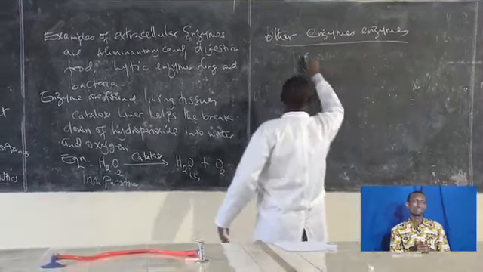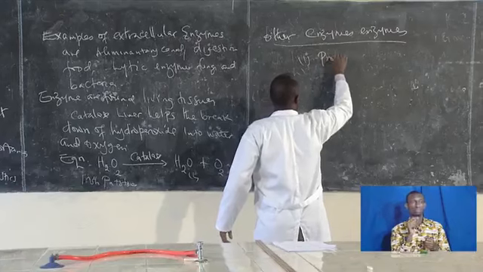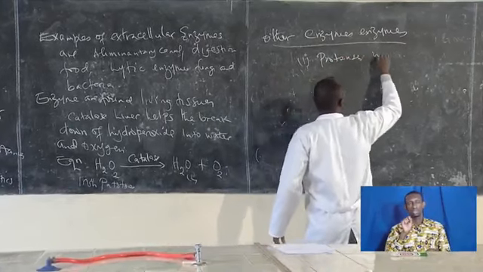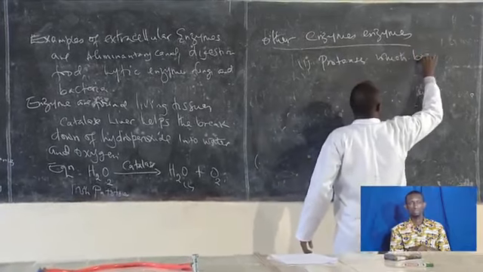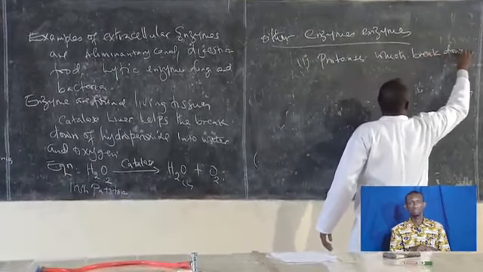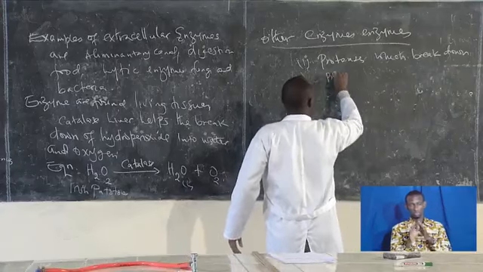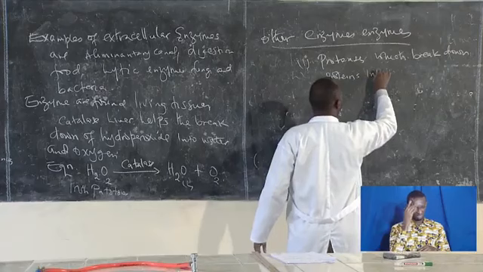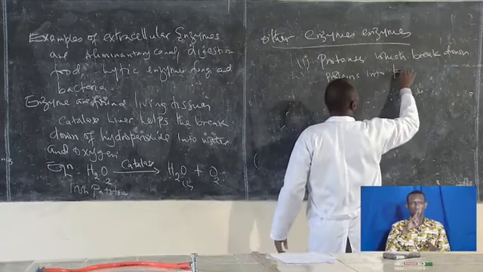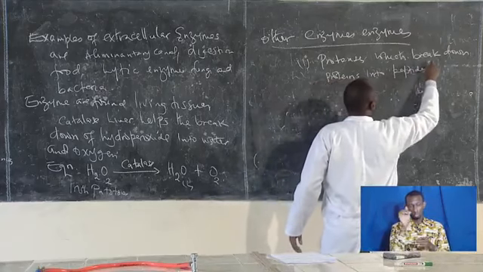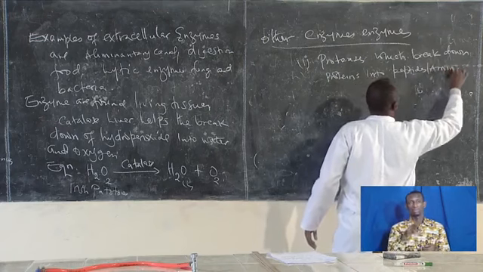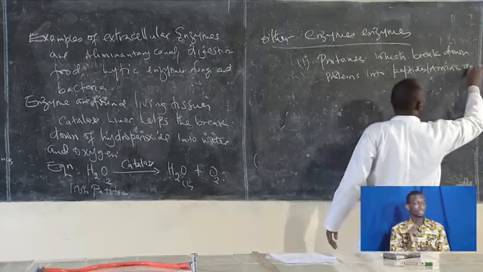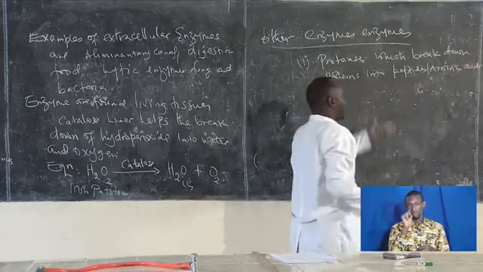We have one which is called protease, the protease enzyme, which breaks down proteins. Students, I know you know what proteins are. Breaks down proteins into peptides, peptides and amino acids. I know the product of proteins are amino acids, because the amino acids are the final product of proteins.